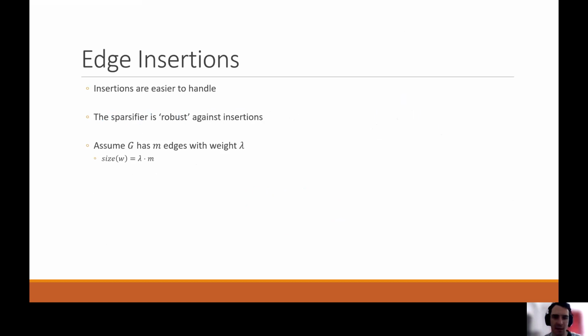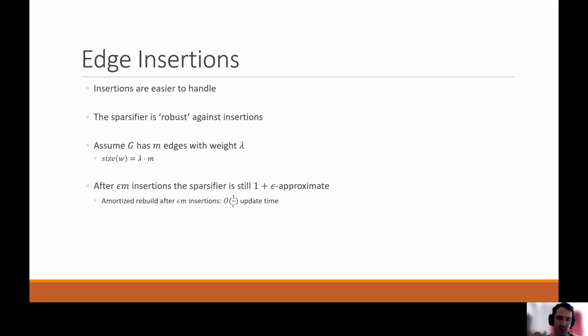Let's separate insertions and deletions because they're a bit different. Insertions are simpler, just because this data structure is very robust against insertions. So assume that the graph has some m edges to begin with, and then the total size of the matching will be some lambda times m at this point. And assume some epsilon m insertions have happened.